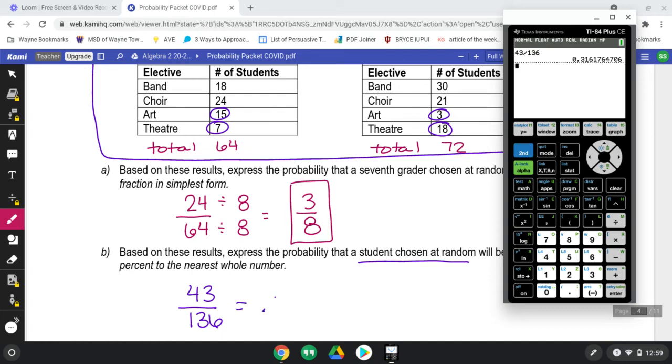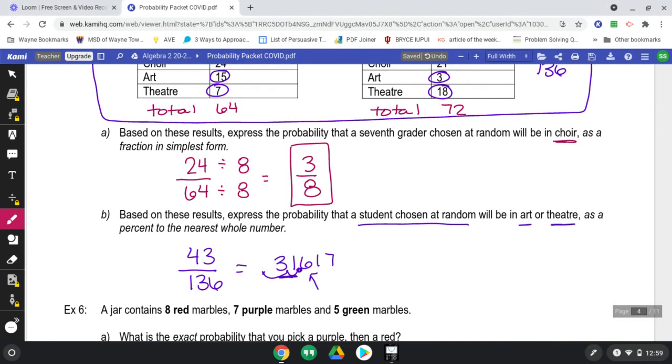So if you have 0.31617, you move it over once, twice, and they want it to the nearest whole number. So we want to keep the 31 and maybe bump it up because of the 6. The 6 is what's going to tell us whether to keep it 31 or round up to 32. 6 is a large number. It's 5 or higher. So this would become 32%.